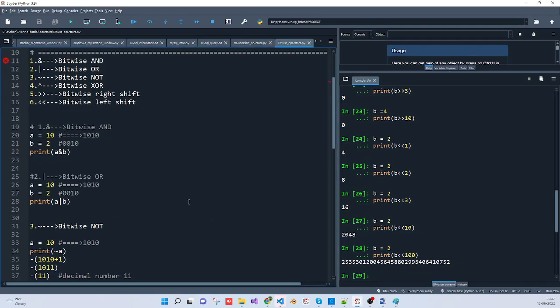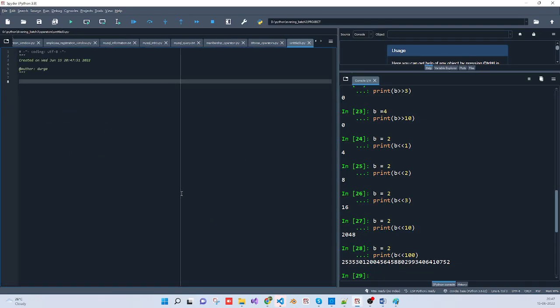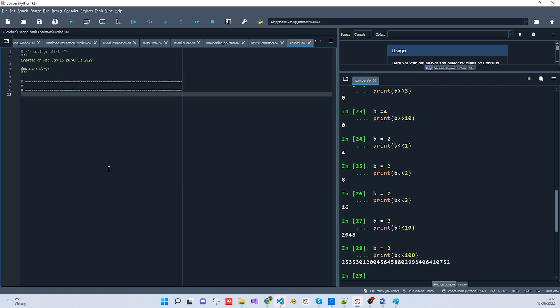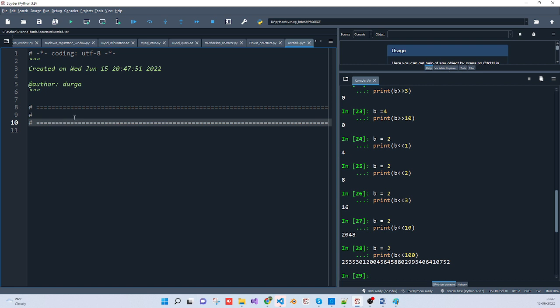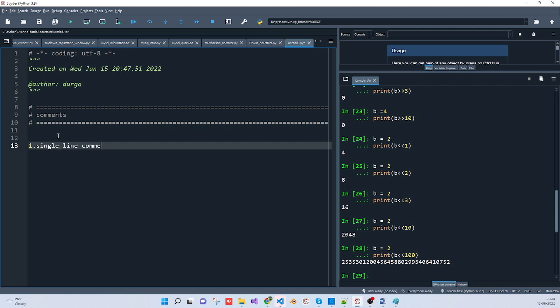Okay, now control N. Here, comments. There are mainly two types of comments. One is single line comments.